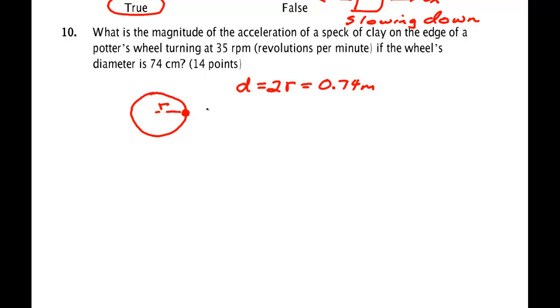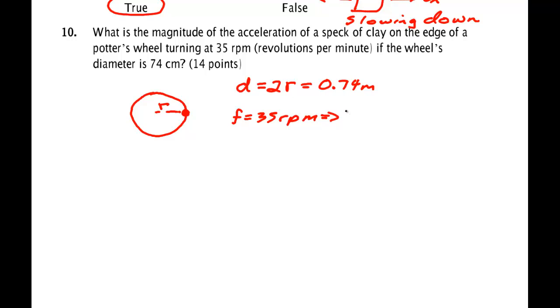It says that it's rotating, and it's rotating at 35 revolutions per minute. Your book chooses to call that a frequency. Some other people would call this an angular frequency rather than that. Bottom line is I need to convert that to a time.